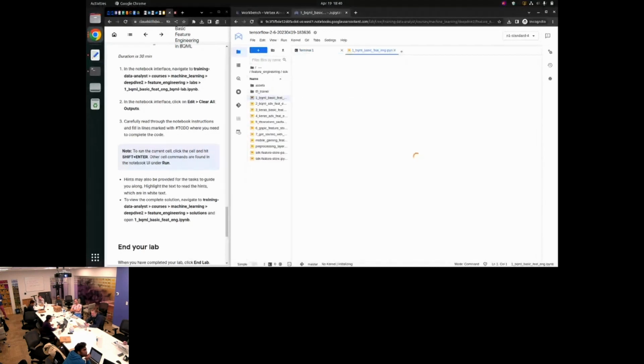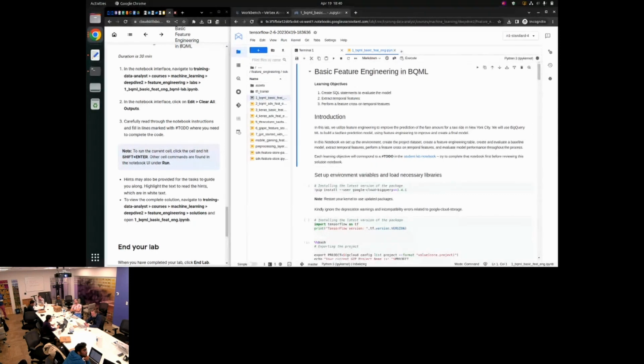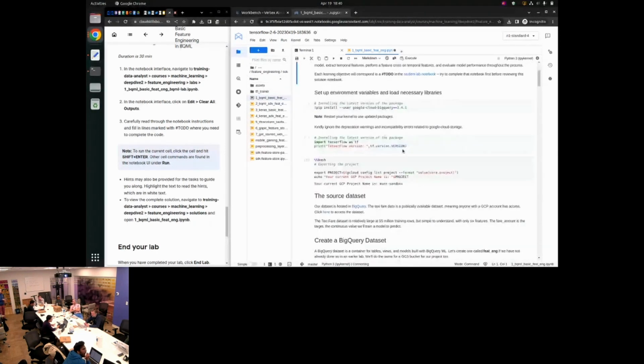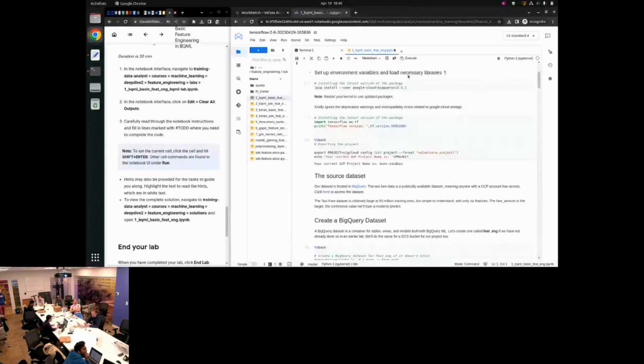So this is the BigQuery ML Basic Feature Engineering Notebook. The first step is to install the Google Cloud BigQuery libraries.